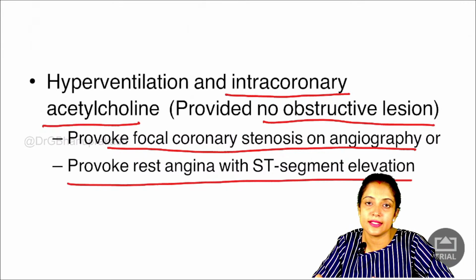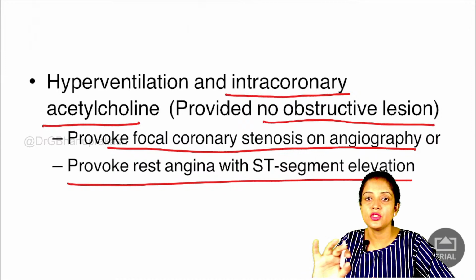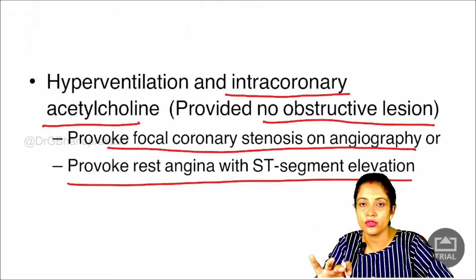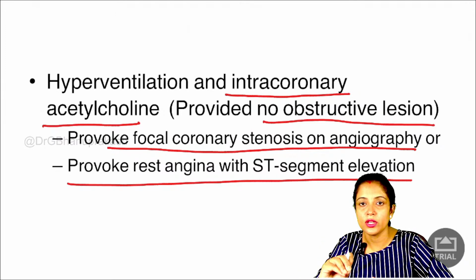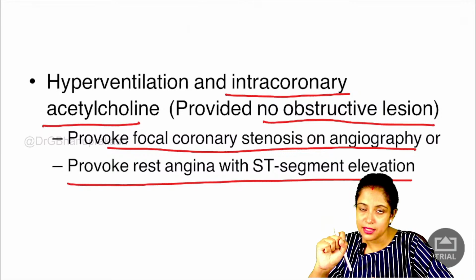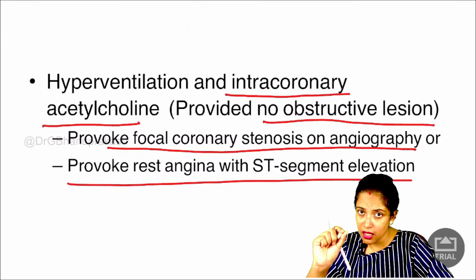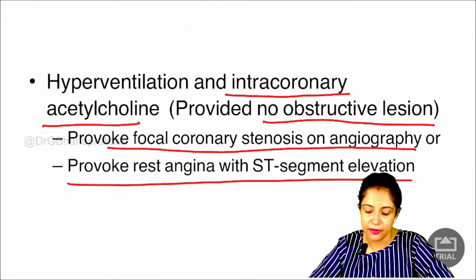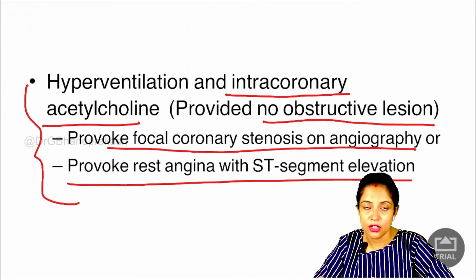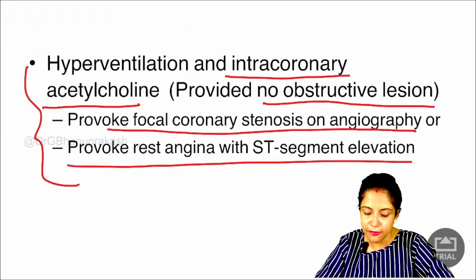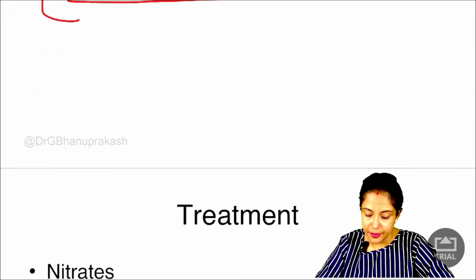You do a normal angiography and there is nothing in the coronary, but when you give intracoronary acetylcholine and repeat the angiography, you see focal spasm in the epicardial coronary arteries, or development of rest angina. This is the diagnostic modality for Prinzmetal angina.